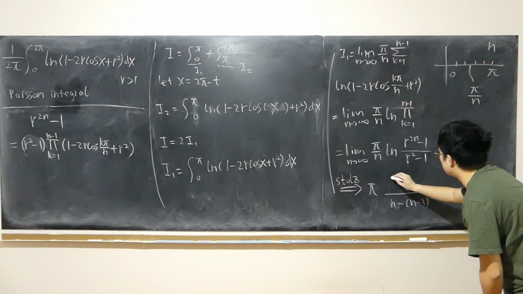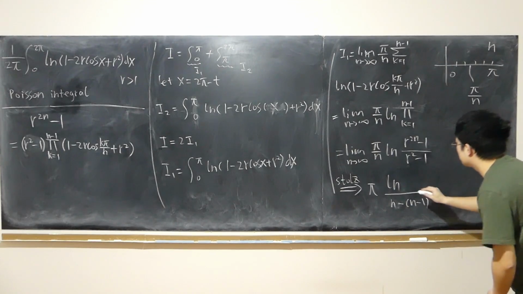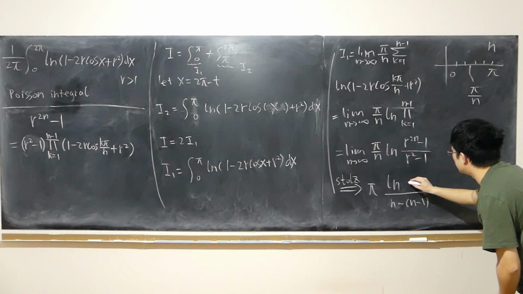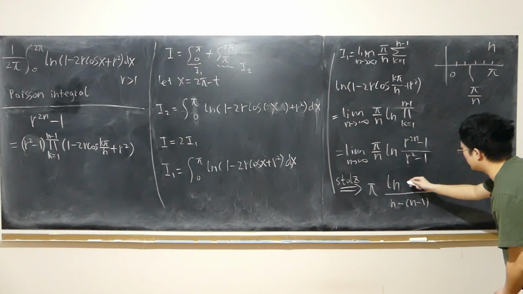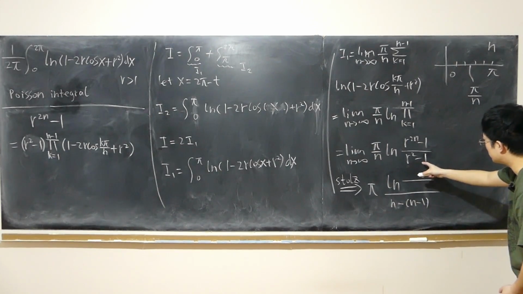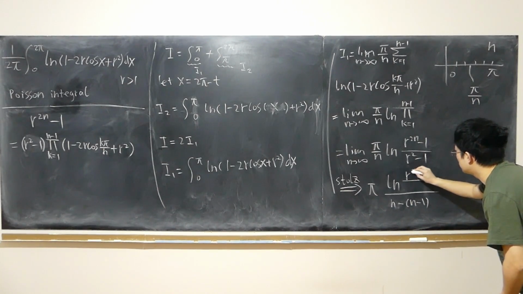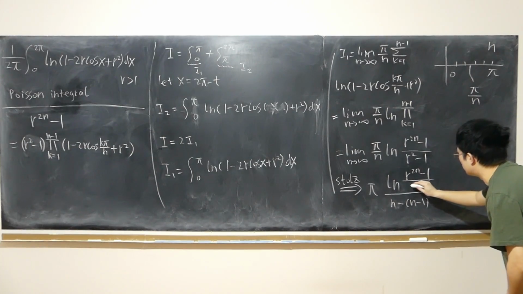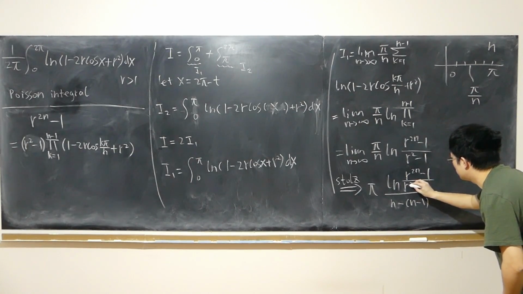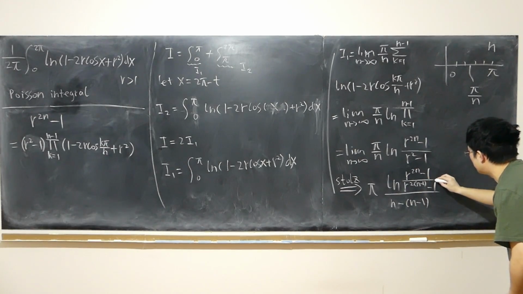So the log difference can be written as a quotient, then take the log. But r squared minus 1 can be cancelled out. So r to the 2n minus 1 divided by r to the 2n minus 1 minus 1.